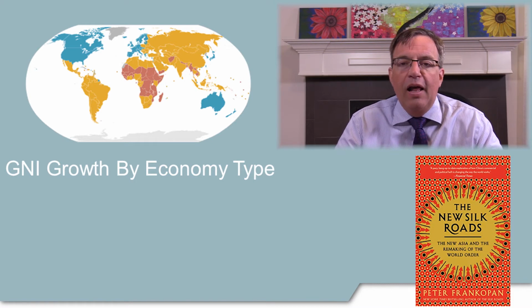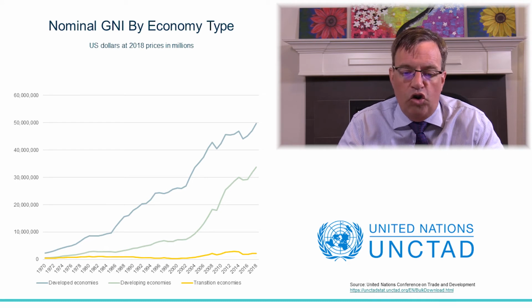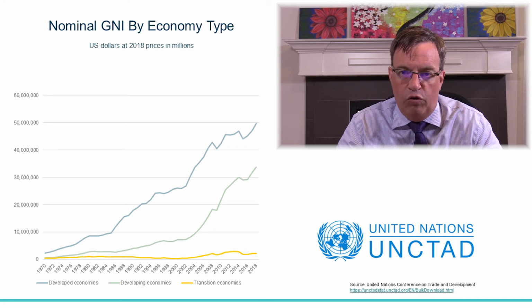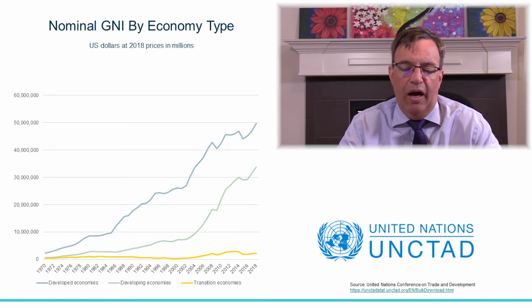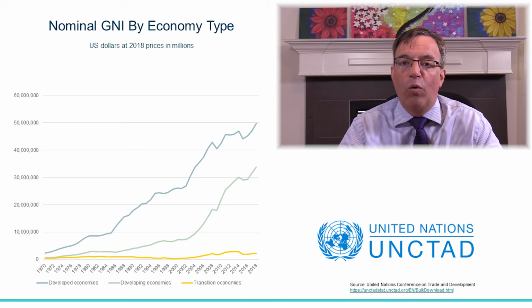And once again, it's not surprising that the most developed countries still dominate the world's GNI. Western Europe, North America, the Anglosphere dominate GNI, but there's a sort of real substantive catch-up going on with the developing economies.